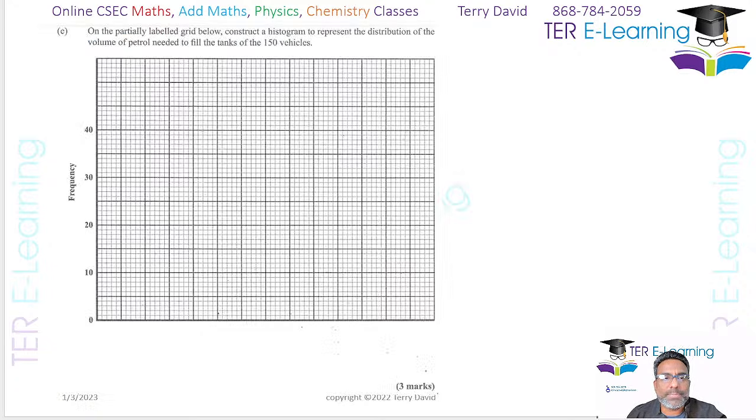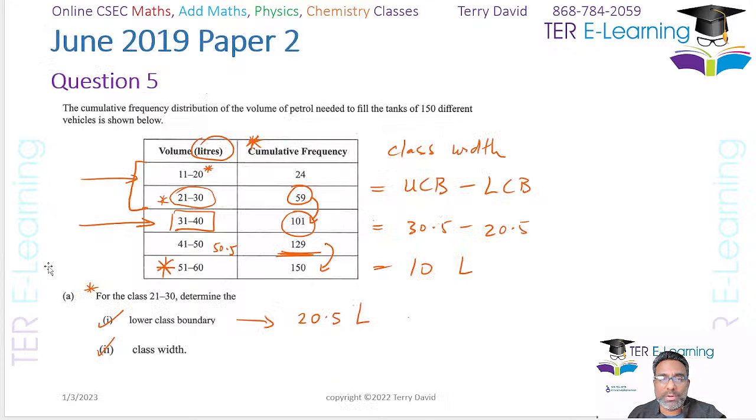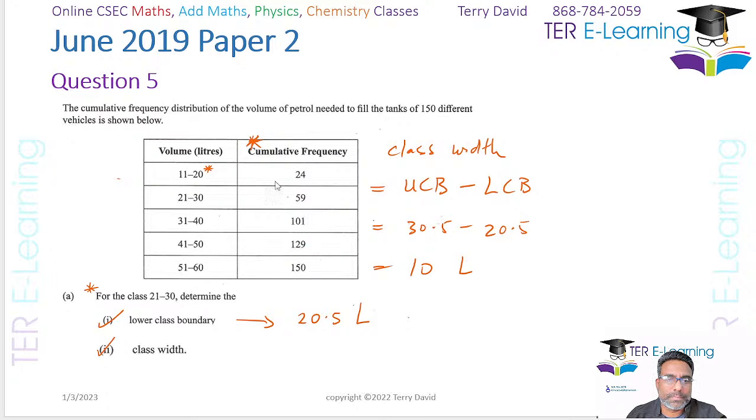Now the last part of the question, they want us to construct a histogram to represent the distribution of the petrol, right? Now, a histogram is a diagram where all the bars are next to each other. So what you will have to do in a question like this, let me just erase some of these things here.